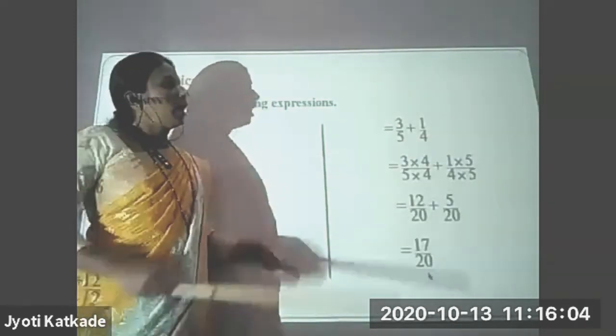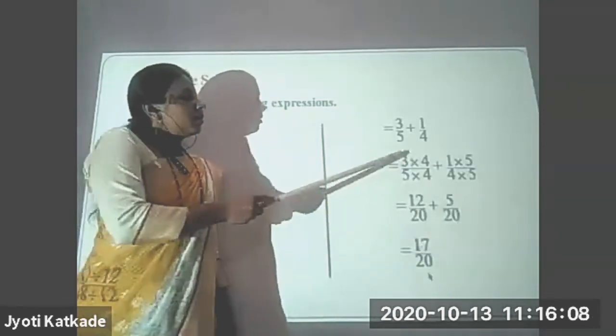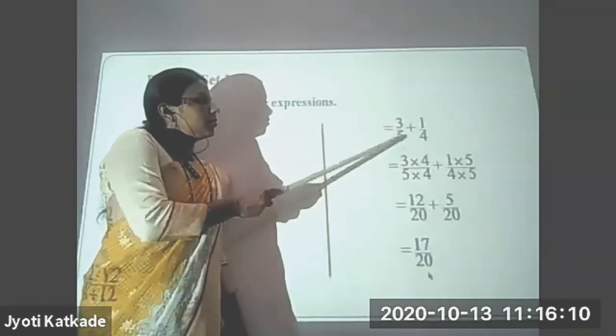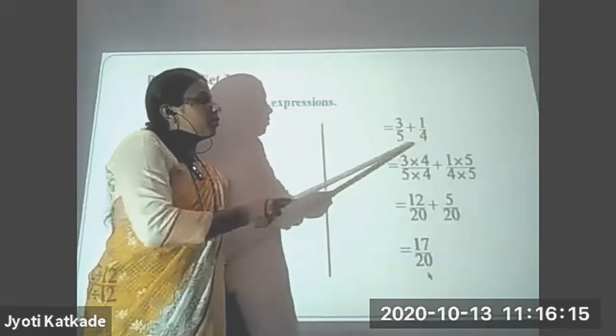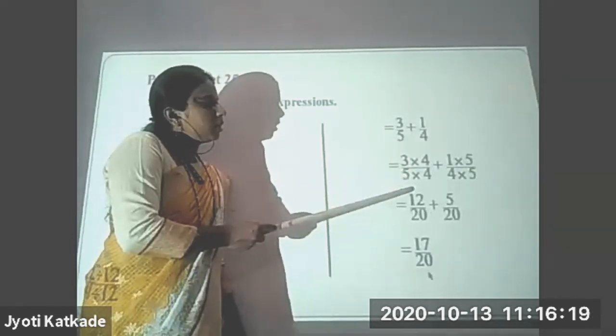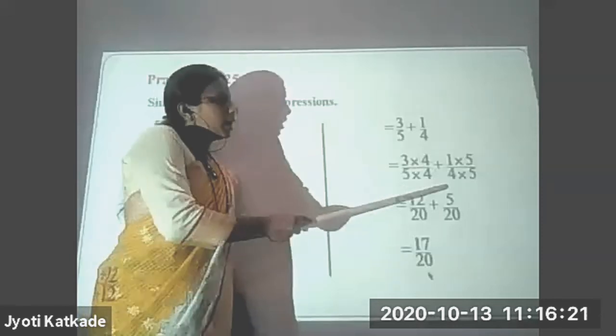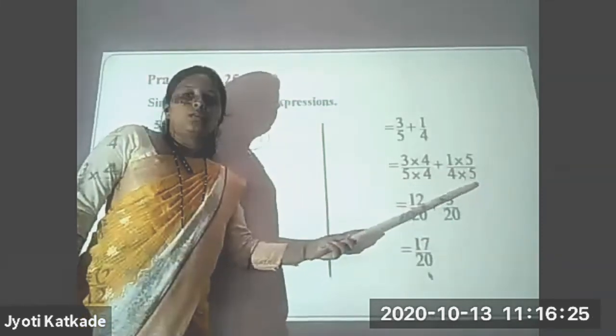Now first of all we have to make the denominators of these two fractions the same. So multiply 3 upon 5 by 4 and multiply 1 upon 4 by 5. So take 3 into 4 divided by 5 into 4 plus 1 into 5 divided by 4 into 5.